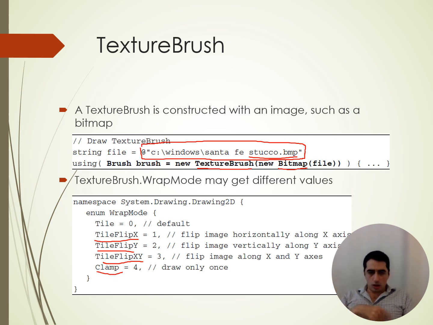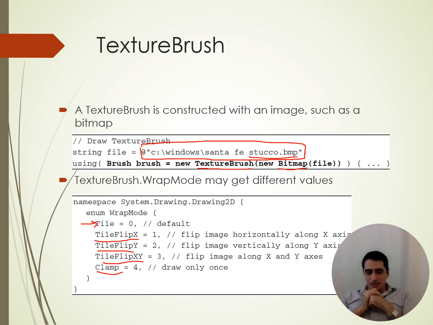Clamp draws the image once in order to fill the area that you want to fill, but the other four are going to repeat the same image multiple times. Tile simply repeats it, so it basically tiles the whole area with those images.